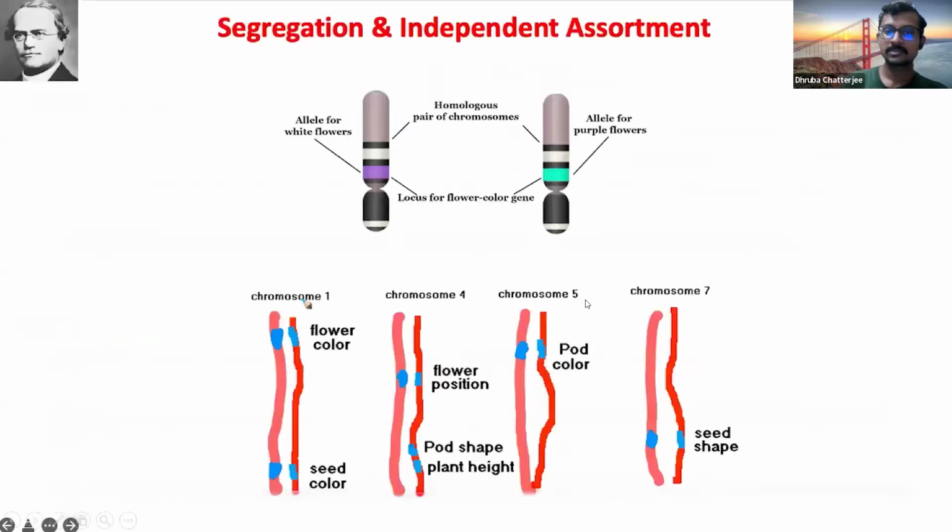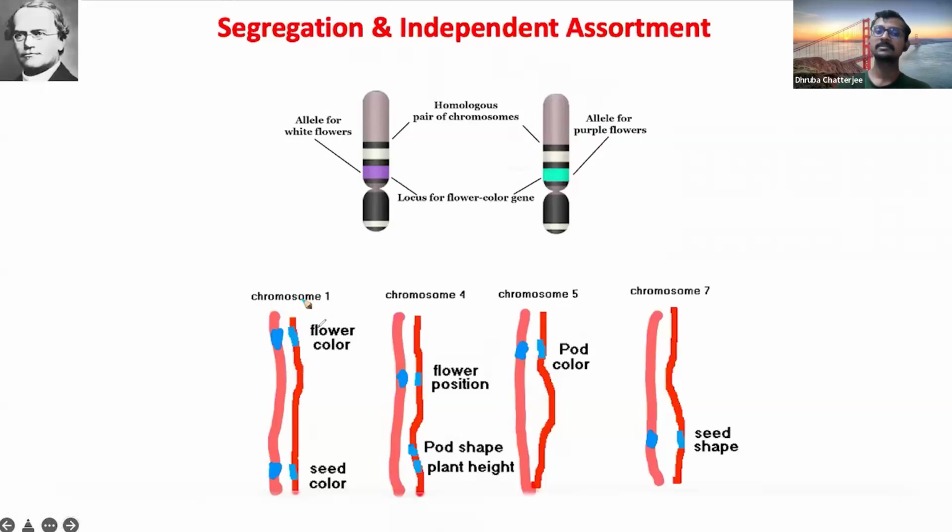Basically, I have already explained this slide. Independent assortment is possible in this manner: in this example, you can see that in chromosome 1 you have the flower color governing genes, whereas you have the pod color governing genes in chromosome 5.